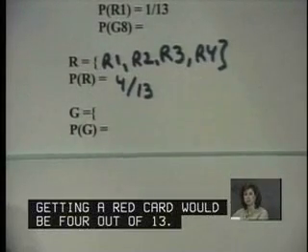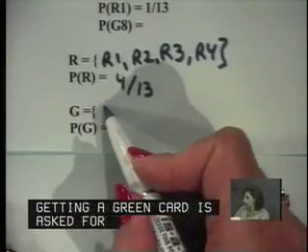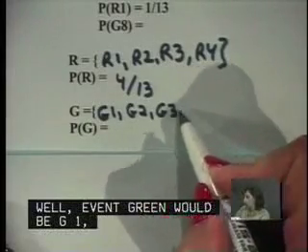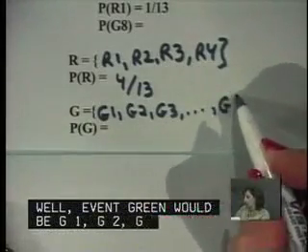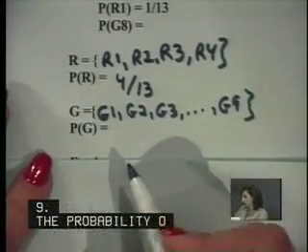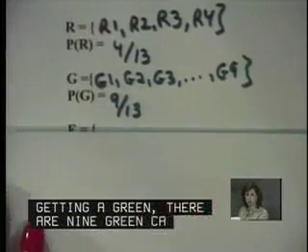The probability of getting a green card is asked for next. Well, event green would be G1, G2, G3, up to G9. The probability of getting a green, there are 9 green cards out of 13 cards.